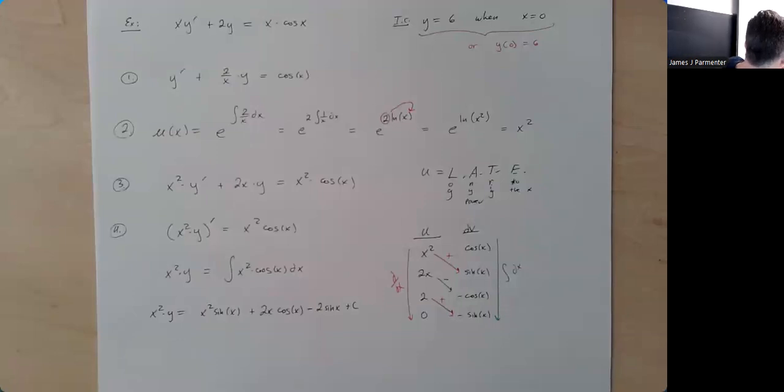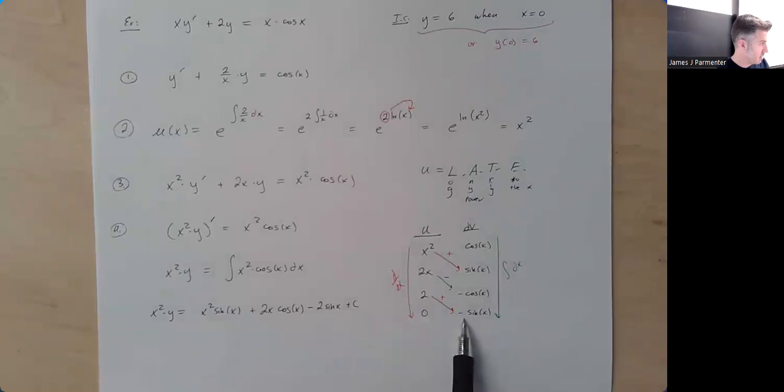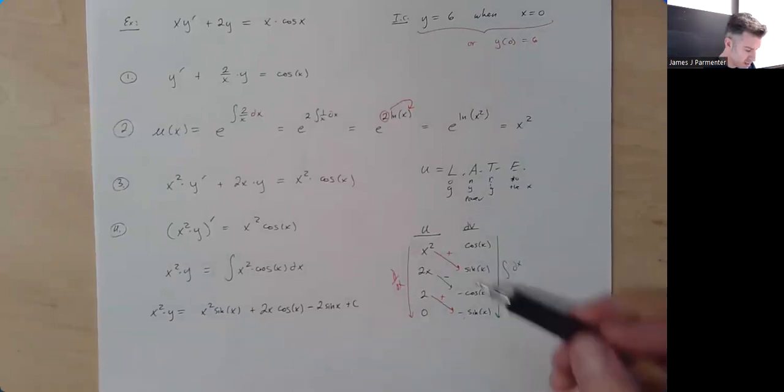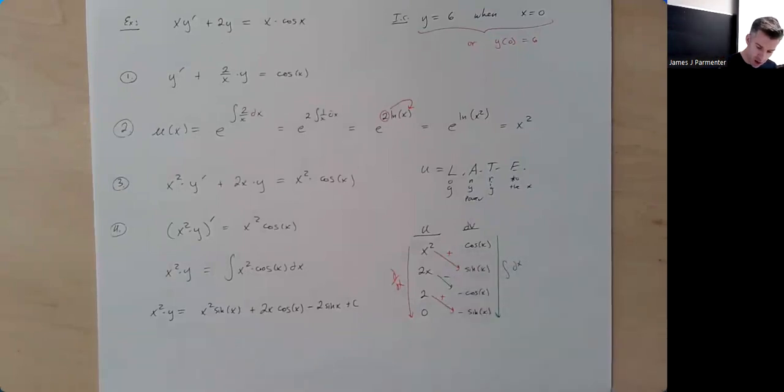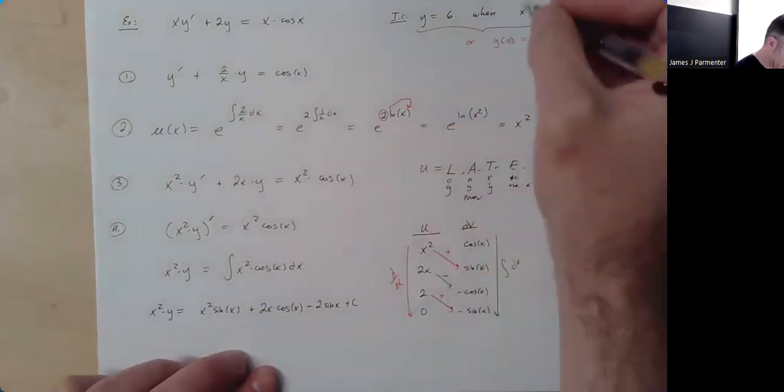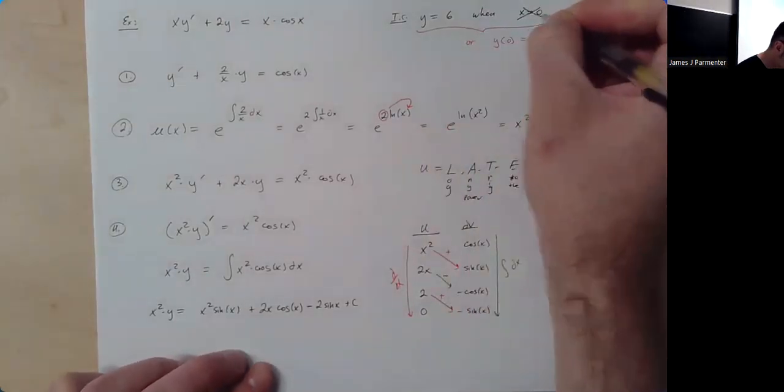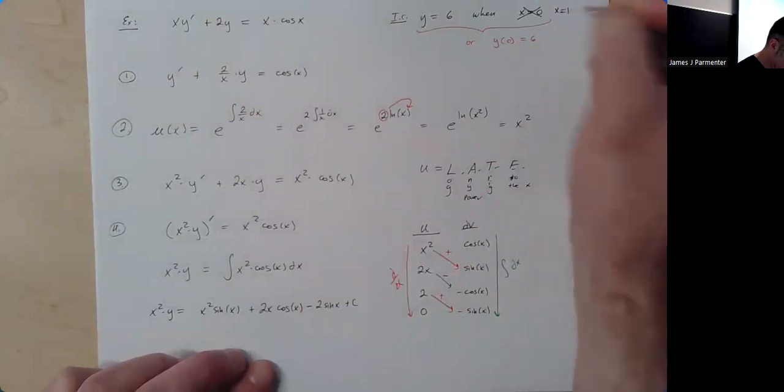Okay, so it's the minus 2 sine of x plus c, right? But in the tabular method, the last sign is negative. Right, but it's a plus 2 times that. Oh, so the plus, minus, plus alternates every term. So I'm going to change this initial condition to be y equals 6 when x equals 1 instead of when x equals 0, just so I don't end up dividing by 0.